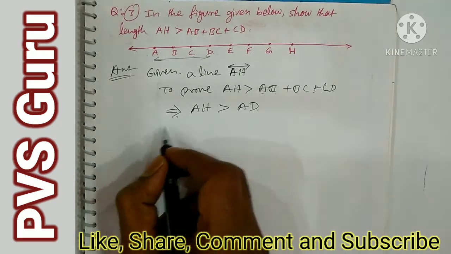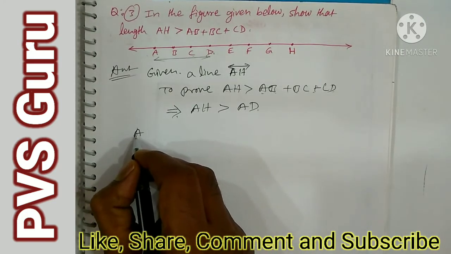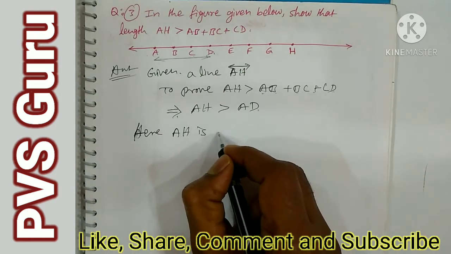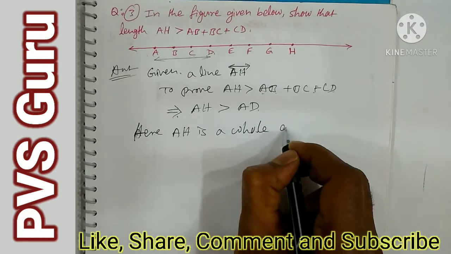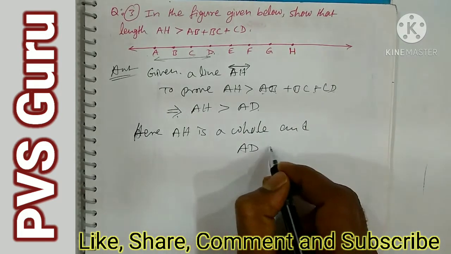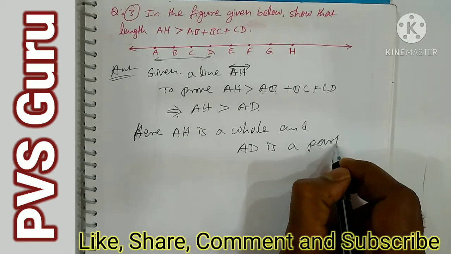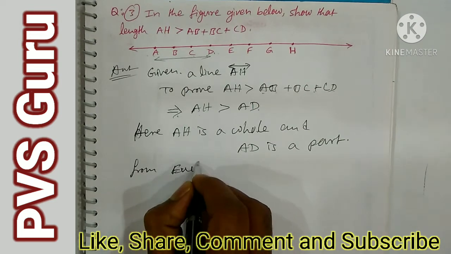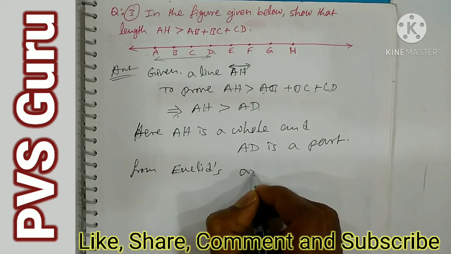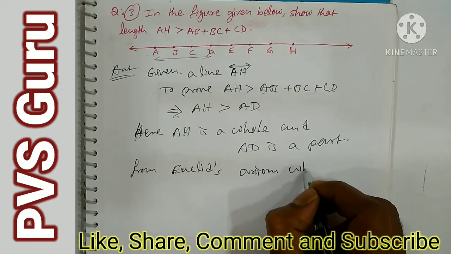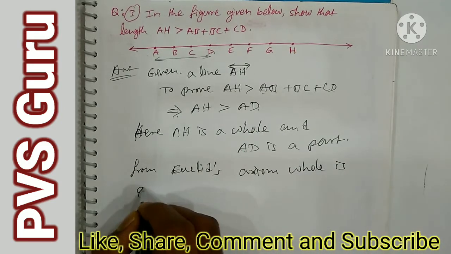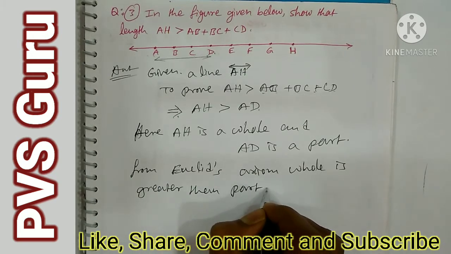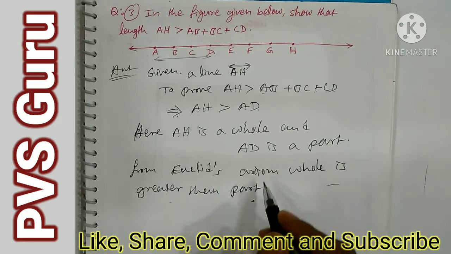Here AH is a whole and AD is a part. So from Euclid's axiom, the whole is greater than the part.